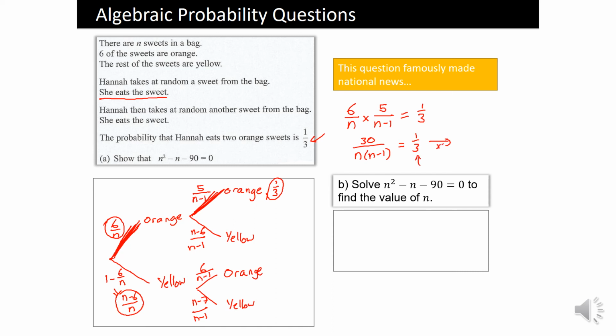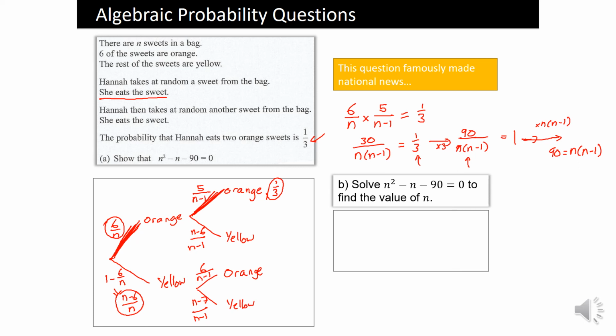So we've got 90 over n minus 1. We only times the numerator when we times them by 3, and that equals 1. And then we're going to try and get rid of this denominator, so we're going to times both sides by n minus 1. It's at this point, this is definitely beyond what we need. So if you're struggling a bit, don't worry. So we end up with 90 equals n times n minus 1.